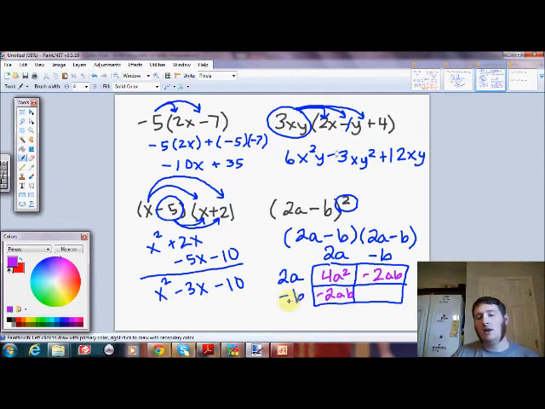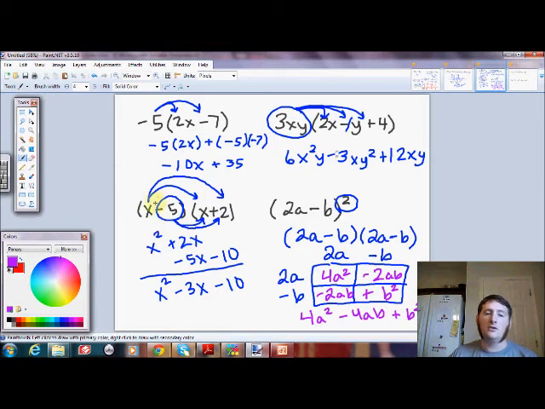And then opposite of b times opposite of b. Well, negative times negative is a positive, and b times b is b squared. You might be noticing that these two are like terms, so our final answer here is 4a squared minus 4ab plus b squared. When we add these like terms, we get negative 2 plus negative 2 makes negative 4.